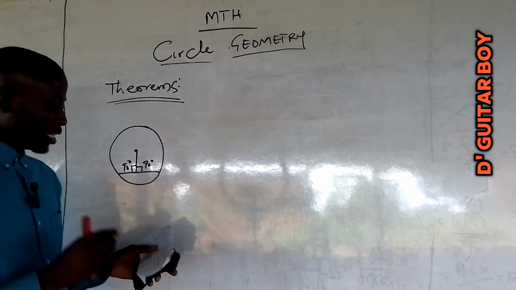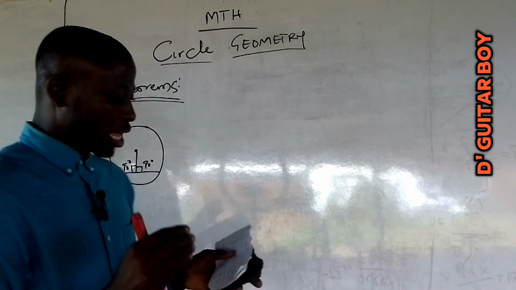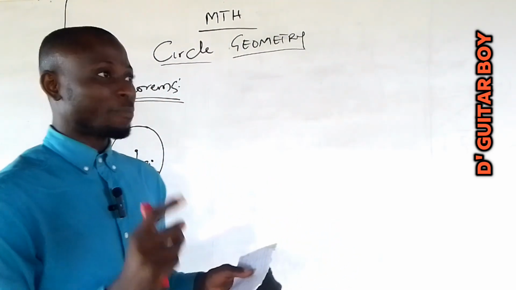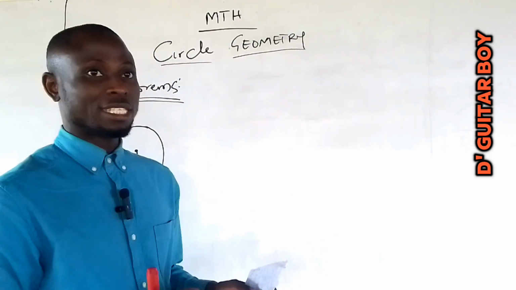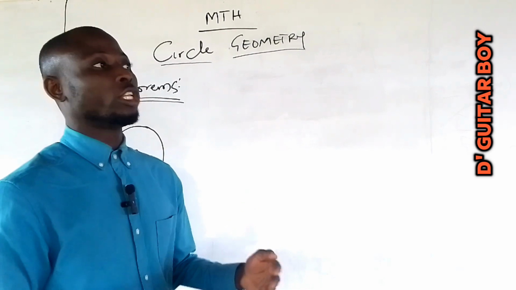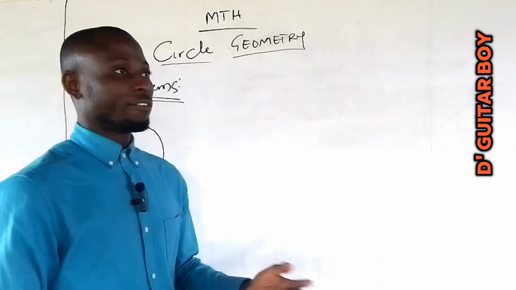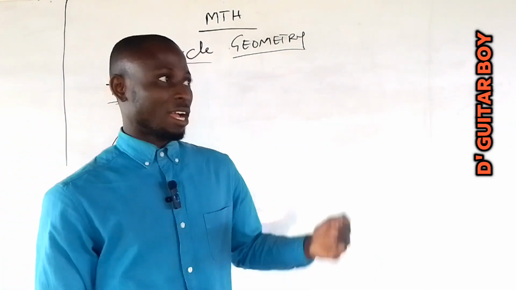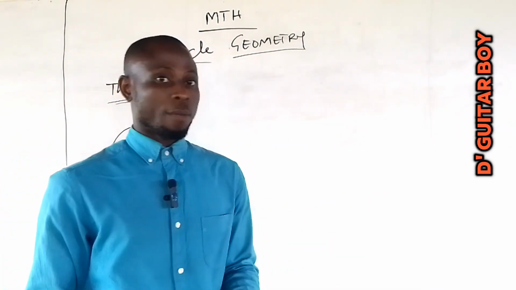Let me repeat. The line joining the center to the midpoint of a chord is perpendicular to the chord. I said perpendicular means angle 90. In physics, they either use perpendicular or they say normal. When they say normal in physics, usually they mean angle 90 to a particular point.